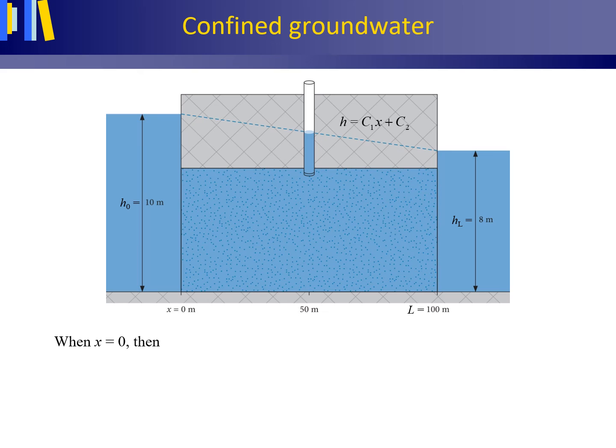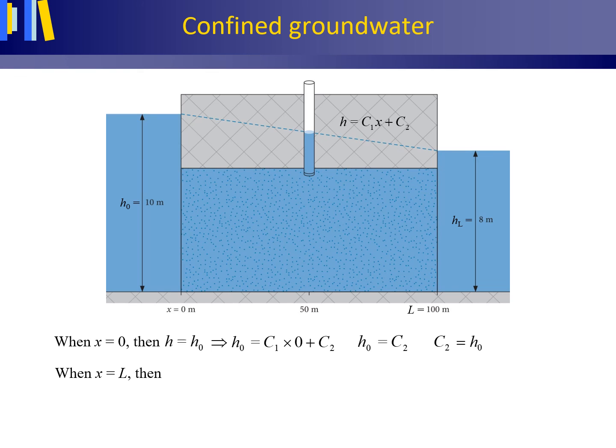When x equals 0, then H equals H0. Insert this into the equation and we get H0 equals C1 times 0 plus C2. So H0 equals C2. C2 equals H0.